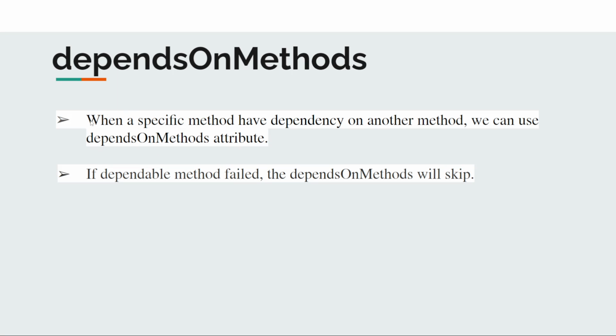It's easy to understand: say method B has a dependency on method A. It means method A has to run first, then method B. So with method B, we can use the dependsOn attribute to ensure that method A will run first, then method B. And if the dependable method fails, like method A failed, method B will be skipped. Okay, that's dependsOn. Let's see it in our Eclipse.